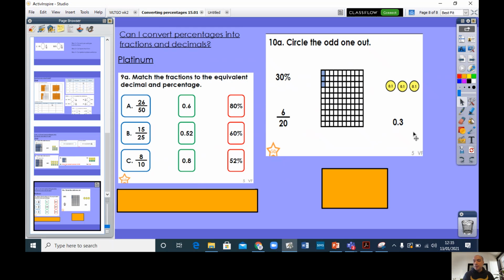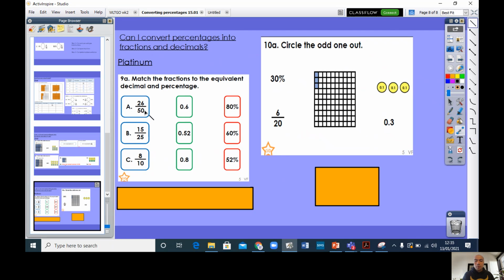Now that it's 52 out of 100, we can see that will be 0.52, and then that will be 52%. If you'd like to pause now to have a go at the other questions, that would be amazing, because when you come back, I will reveal all of the answers.